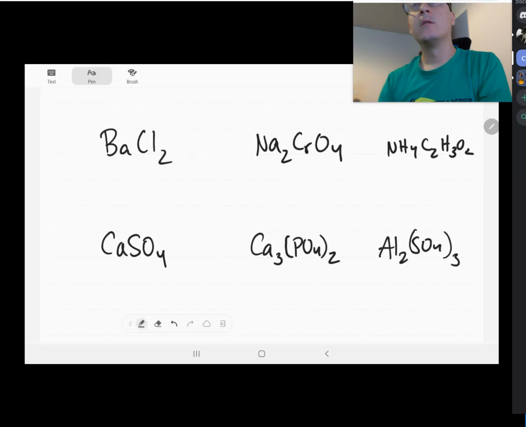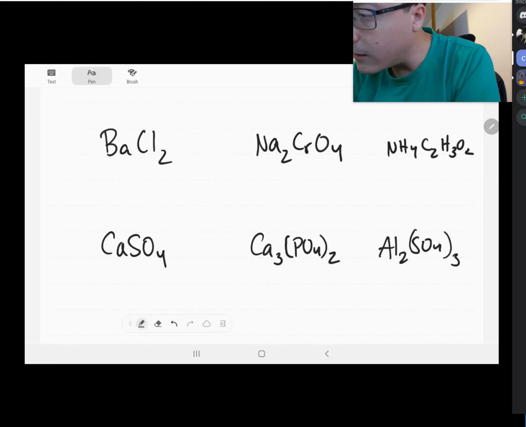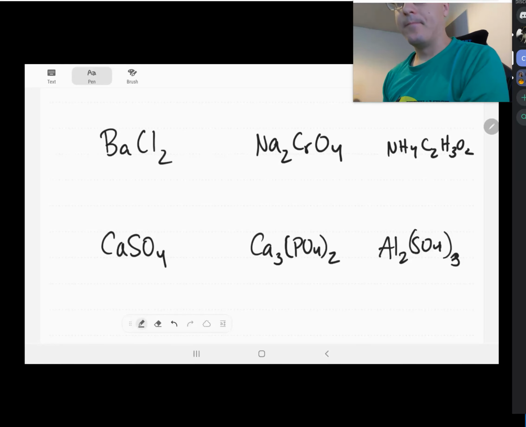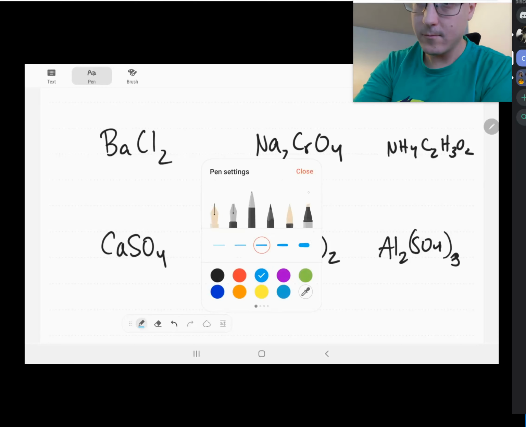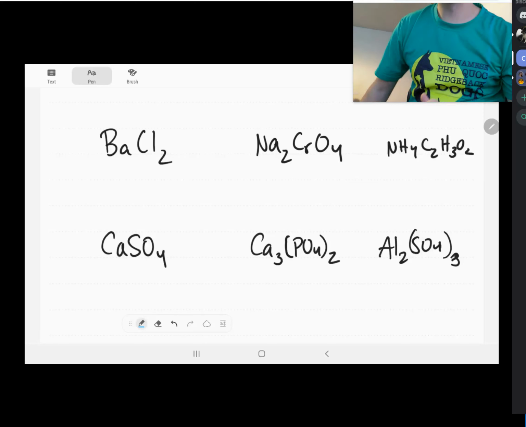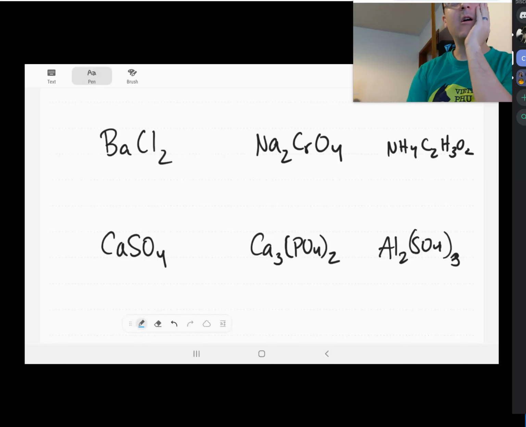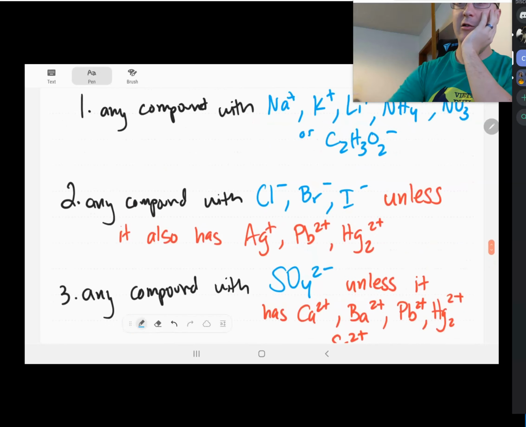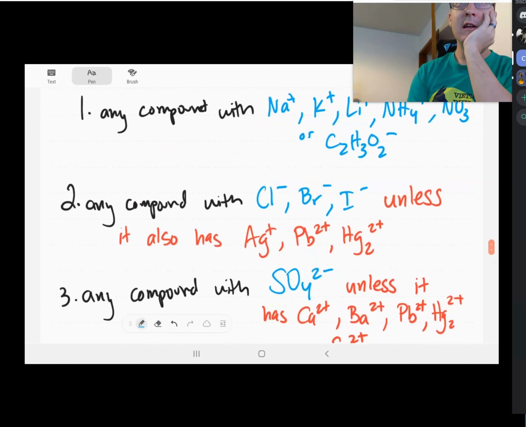Alrighty, first one, barium chloride. Is that going to be soluble or not? I agree. If we want to know why, we look at whichever rule has chlorides involved. That's the second rule. And chlorides are going to be soluble unless it has silver, lead, or mercury.